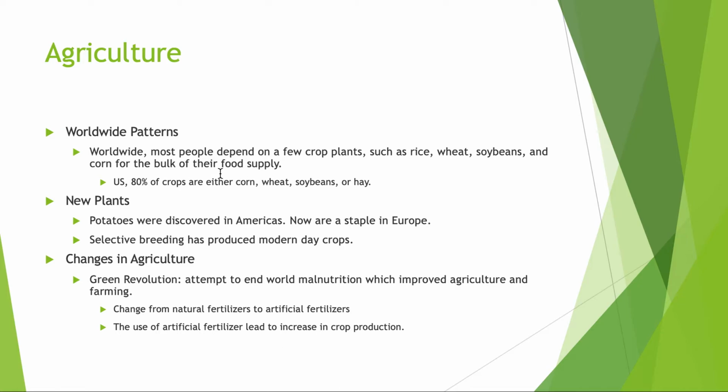That's why you see here this corn. That is why we only use one type of corn, and that's because those traits we have selectively, or farmers and the agriculture industry has selected as the best traits. So therefore, we use those traits in order to farm. Okay, and that has, like I said, led to the modern day crops.